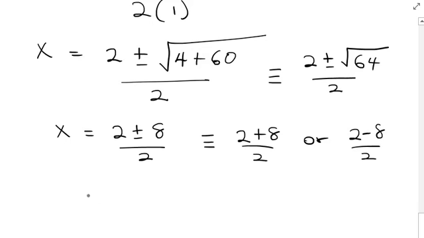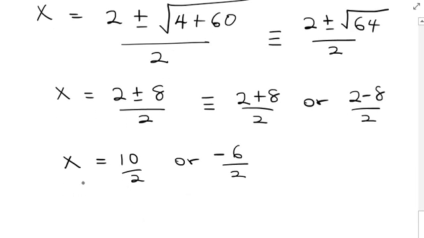That's what that is saying. So x equals 10 over 2, or minus 6 over 2, which we can still simplify further. 2 will go in 10 five times, and 2 will go in 6 three times, so minus 3. So these are our final answers.